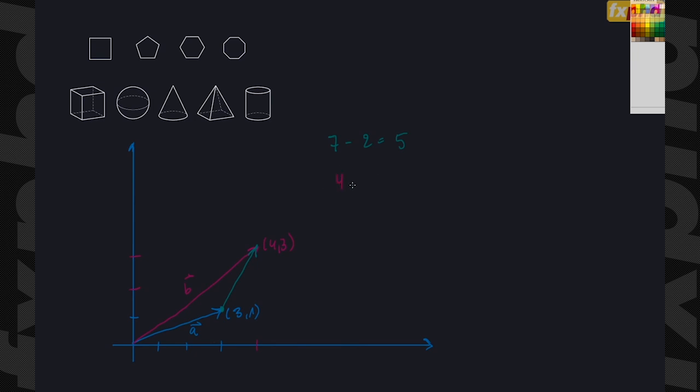Subtracting these, 4, 3, minus 3, 1, gives 4 minus 3 is 1, 3 minus 1 is 2. So 1, 2. Well, this is not at all this vector, or is it?